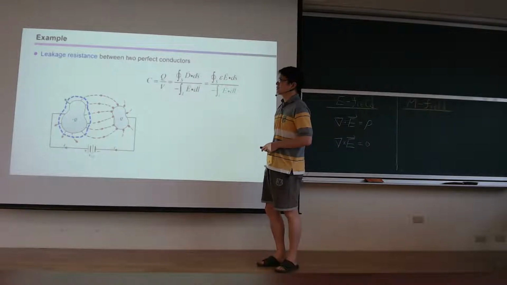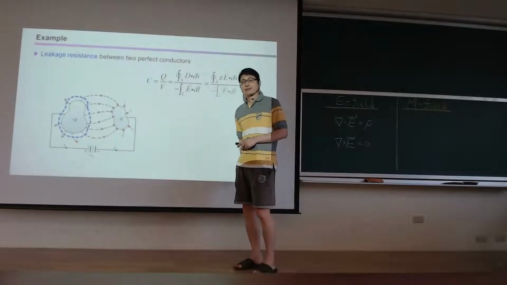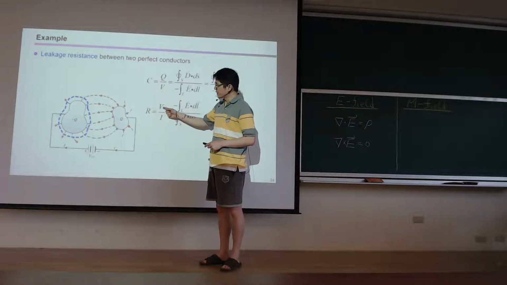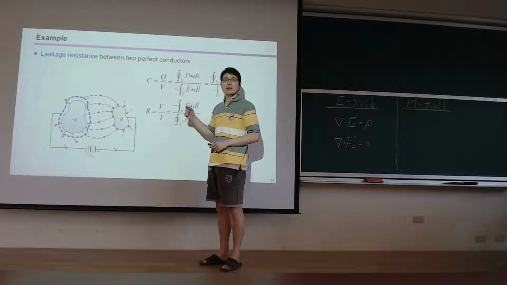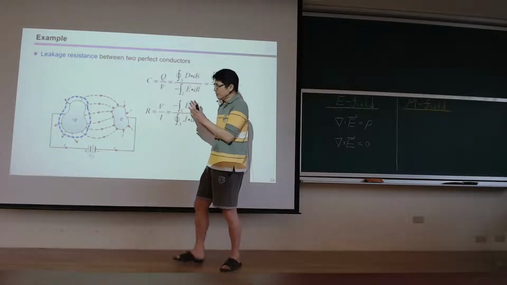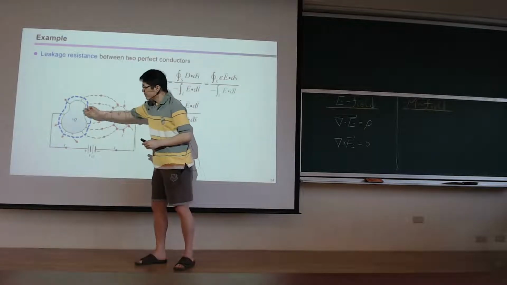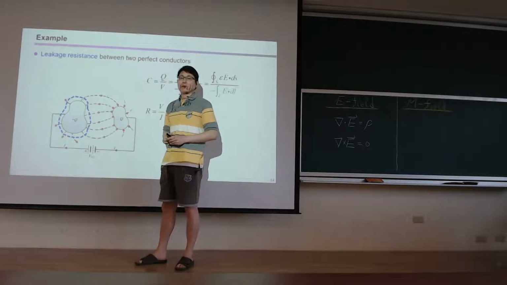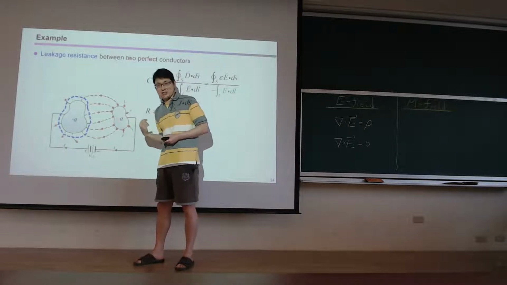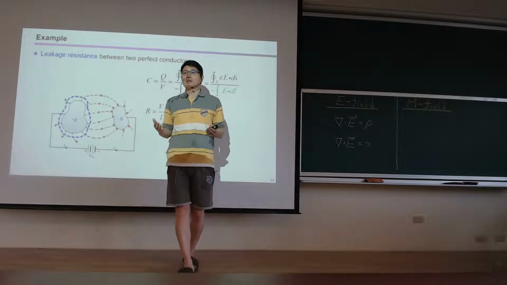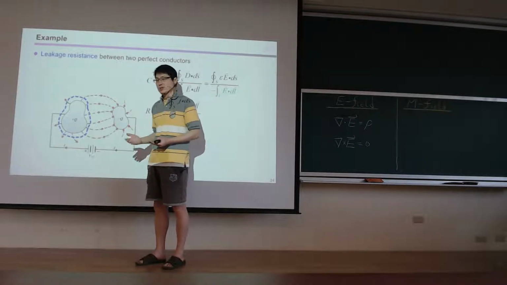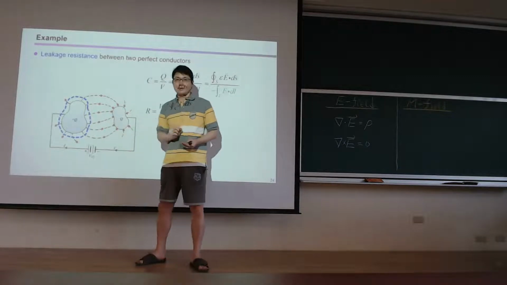Okay. What about resistance? Resistance is defined as the potential difference divided by the current value. As I stated, ideally, if you have a perfect capacitor, there will be no current flowing across the two conductors, right? Ideally, if you have vacuum or perfect insulators, you don't have current flowing.